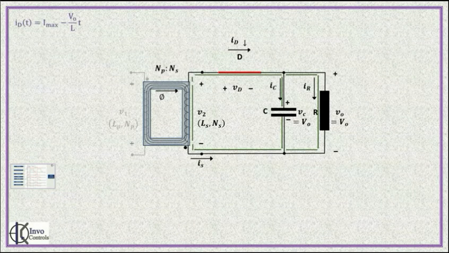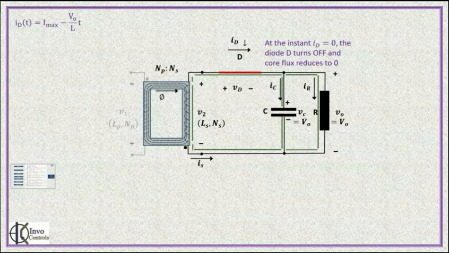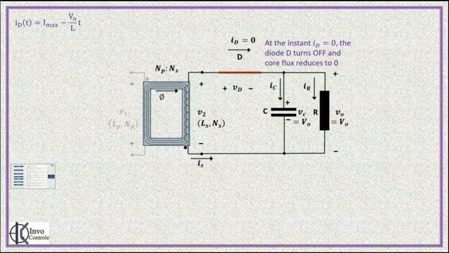As the diode current decreases linearly towards 0, a stage is reached when the diode current will touch 0. At this instant, the diode turns off and the core flux reduces to 0.